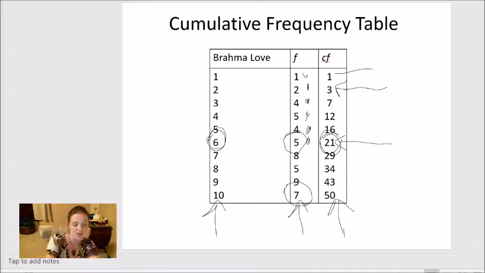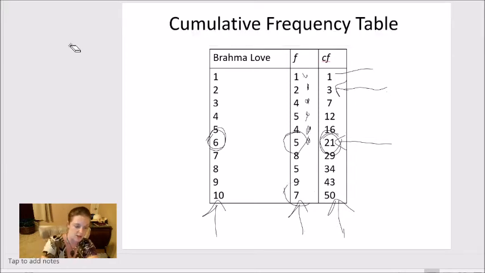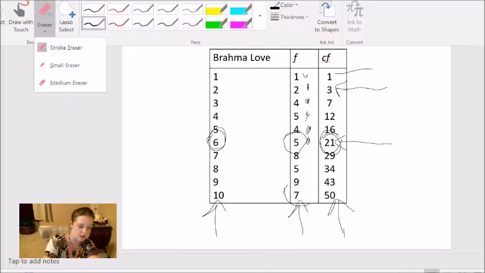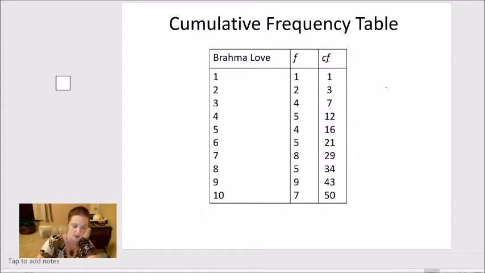And it is also often very useful for identifying breakpoints, right? You can often say, okay, I noticed that between the scores 6 and 7, I jumped from 21 people to 29 people.